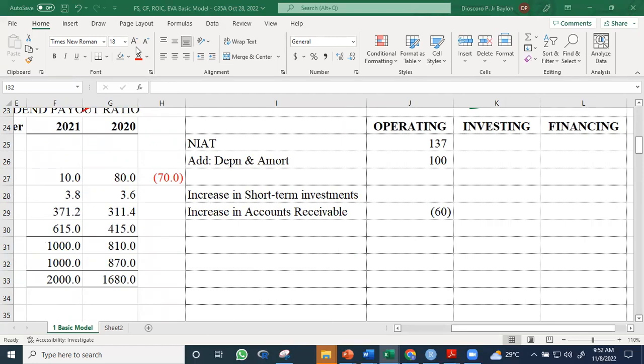Okay, clear so far with accounts receivable? Kindly chat, please. Yes or no lang, please. Let's wait for the others to reply.